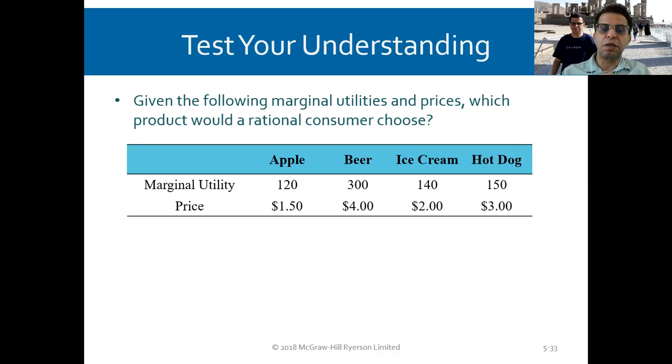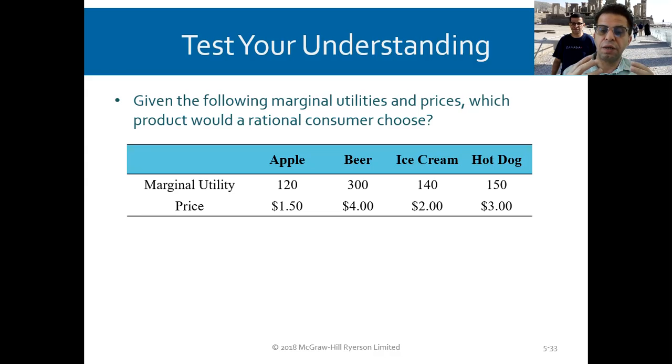Given the following marginal utilities and prices, which product would a rational consumer choose? Now we have a beer, apple, ice cream, and hot dog. In the earlier example, we had the chocolate and the chips. Here, the marginal utility of apple is 120, but the price is $1.50.